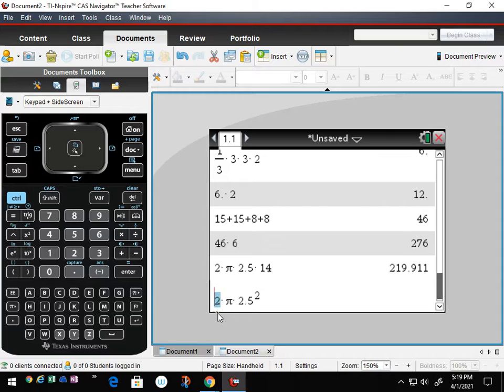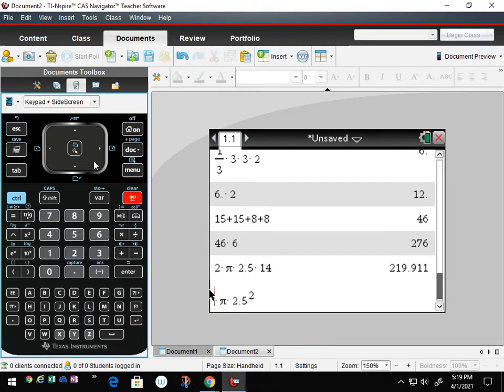But again, this 2 represents 2 bases, so what we can do is just leave it out. So we can either put 1 here, since we're only doing 1 base, or we can just leave it out.